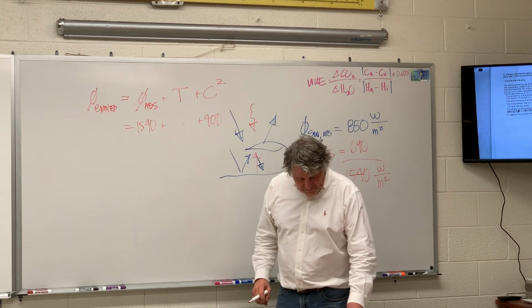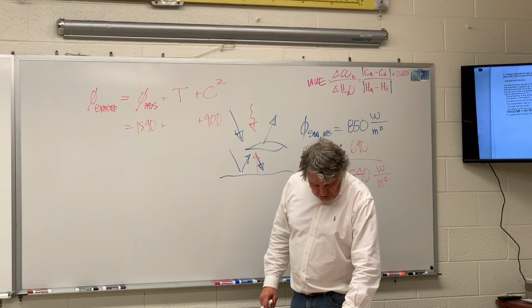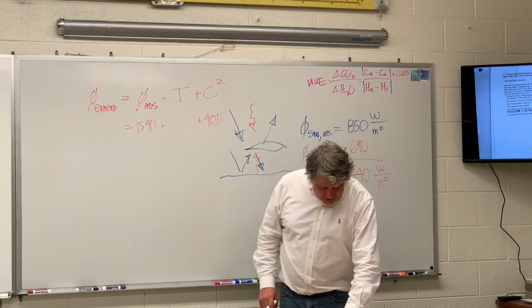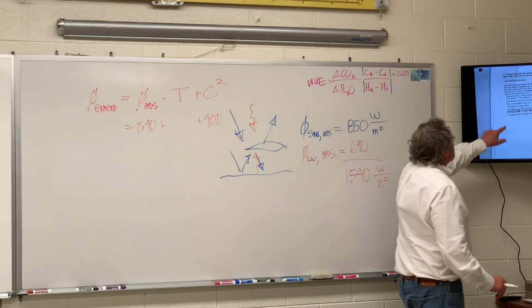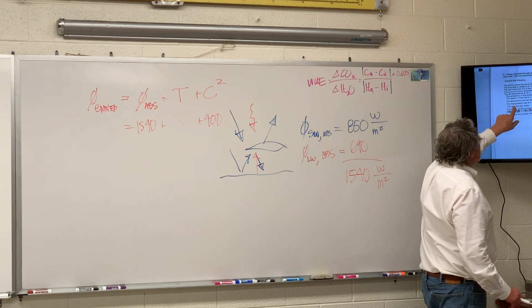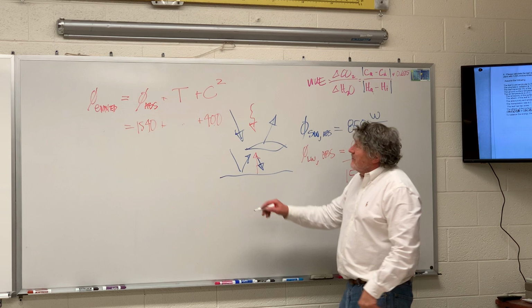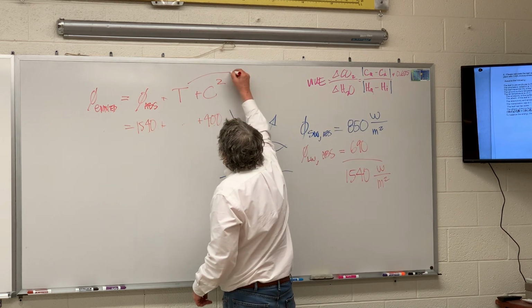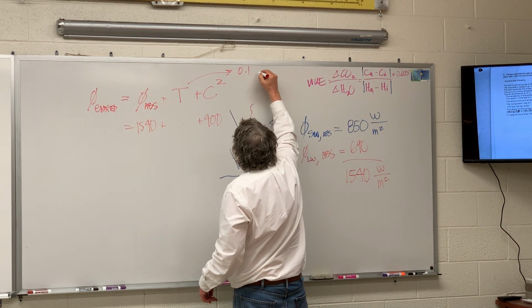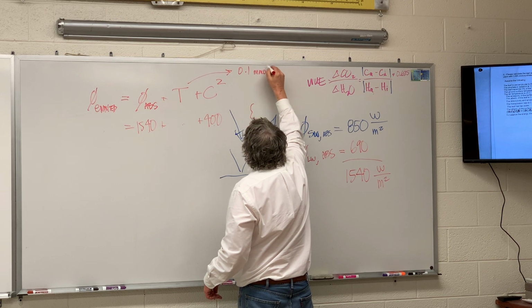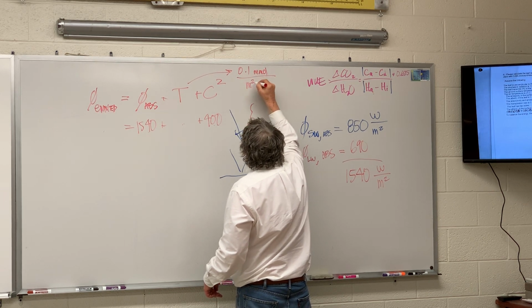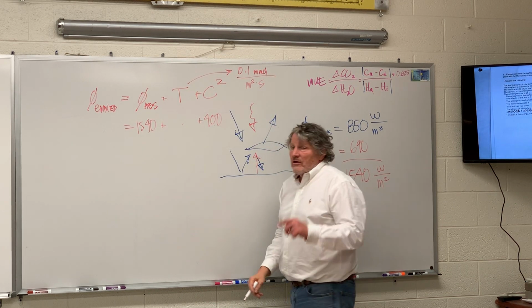Transpiration is given, but the units are, let me read it up here. Transpiration, 0.1 millimoles per meter squared of leaf per second. It's all per meter squared.